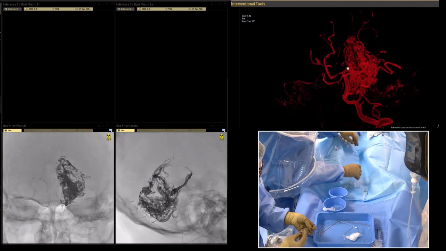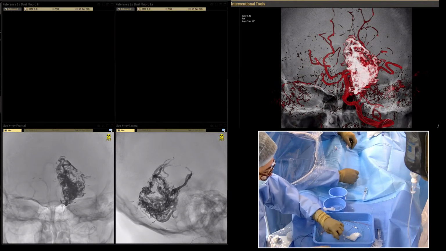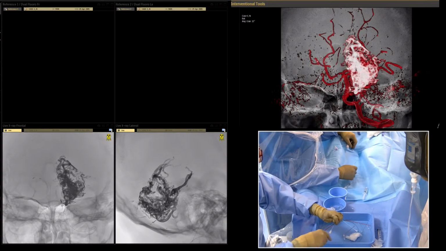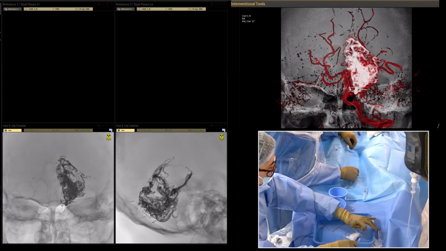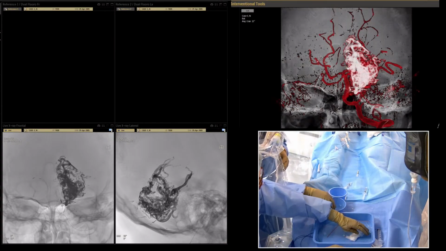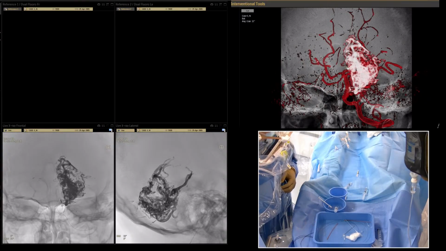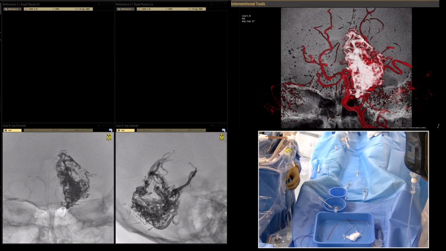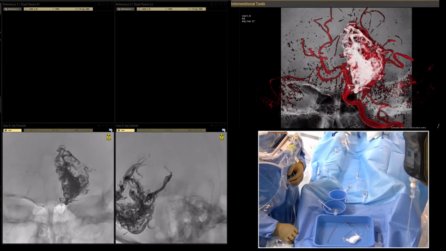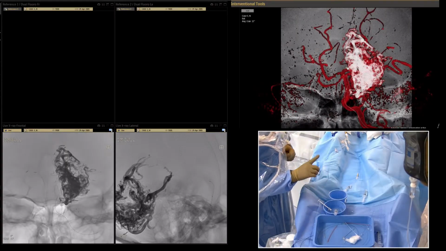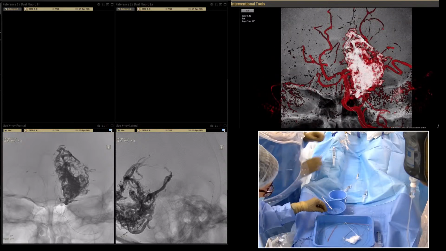Now we can go with the Headway Duo up. We'll place the Headway Duo up in the SCA territory.